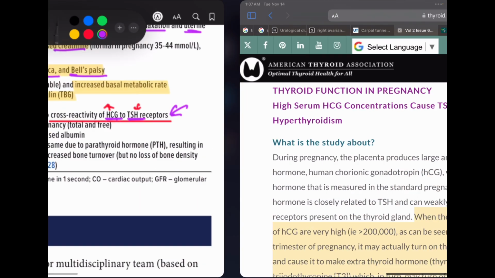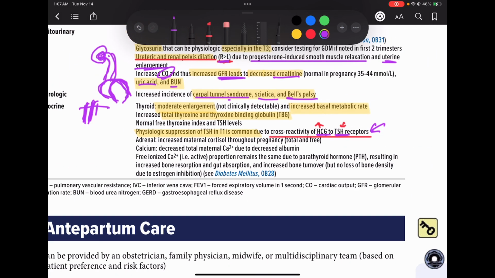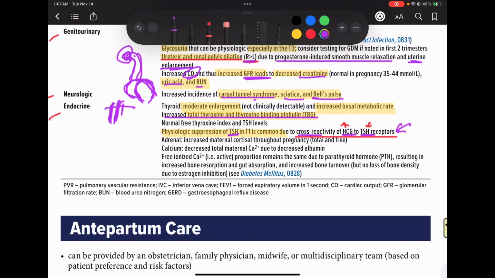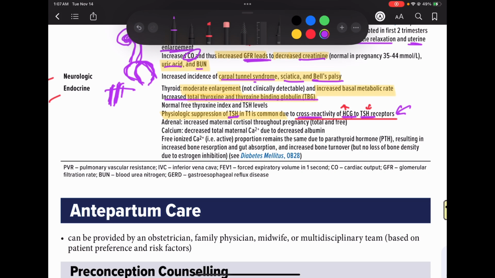So what happens is HCG and TSH receptor cross reactivity, which would lead to physiological suppression of TSH, because there is an increase in total thyroxine and thyroxine binding globulin, which was because of the receptor cross reactivity. Make sense?